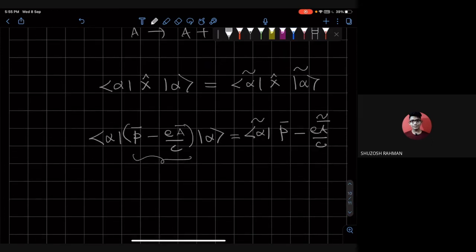Because the kinematical momentum is the physical momentum, we impose these as conditions that need to be satisfied, because these are the things that we are going to be able to measure physically. So these are physical requirements.